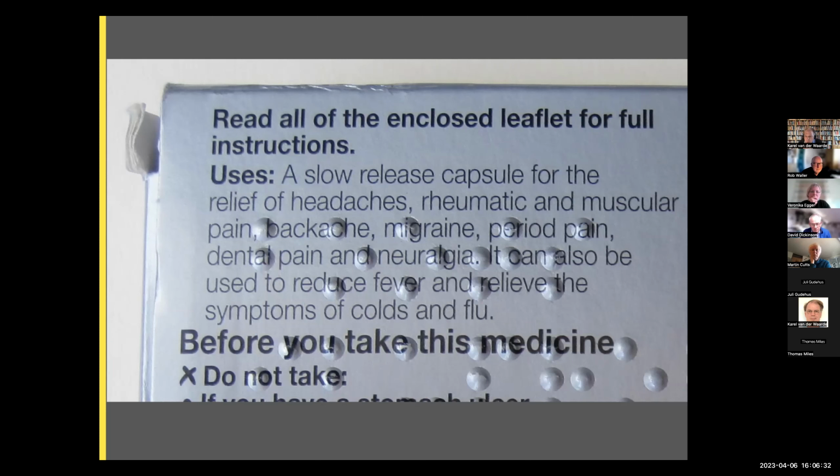I'm not sure the pharmacist would accept that I've got to take the leaflet out in the shop before I buy this stuff, so I think that advice is not really correct. But then it states: uses a slow release capsule for the relief of headaches, rheumatic and muscular pain, backache, migraine, period pain, dental pain, and neuralgia. And it can also be used to reduce fever and relieve the symptoms of cold and flu.